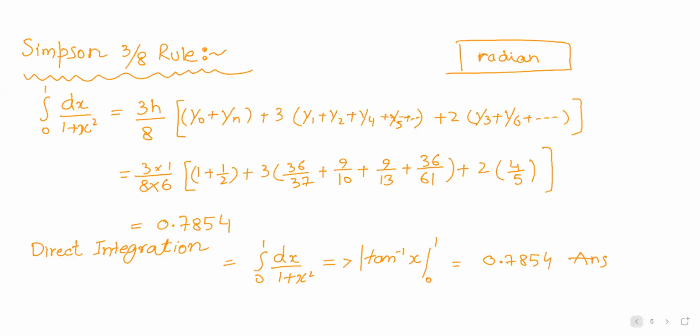Okay, so one thing is, sometimes they say find the value of pi as well. So in this one, this answer was pi by 4, right? So pi by 4 is equal to 0.7854, and then the value of pi is equal to 0.7854 multiplied by 4.